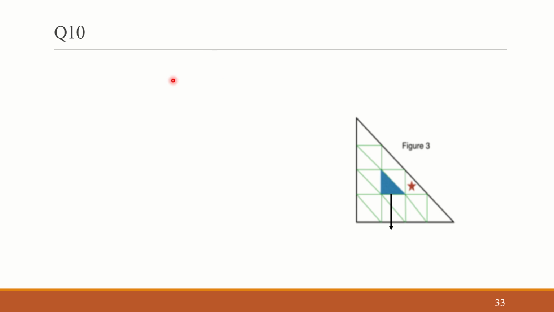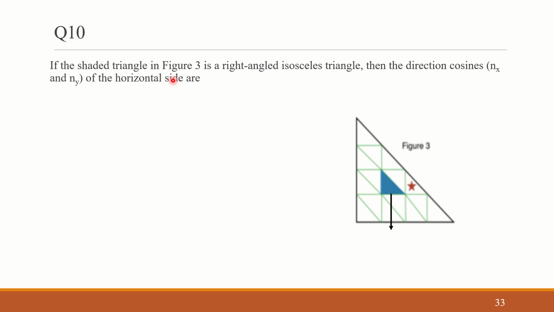So yeah, now it is about question 3. If the shaded triangle in figure 3 is a right angle isosceles triangle, then the direction cosines of the horizontal side are dash. Actually, I have given you a hint in the figure itself. This particular arrow is put by me; it is not in the question.